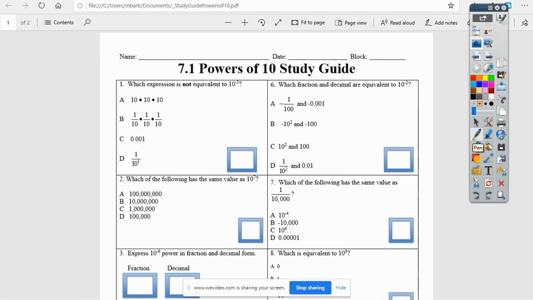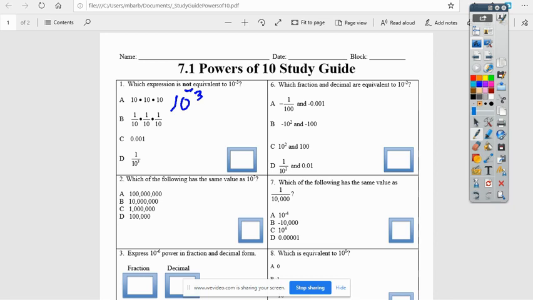Which expression is not equivalent to 10 to the negative third power? Well, we're looking for something negative, so I can already tell A is the answer because it's positive. That would be 10 to the third power. B, you can do 1 over 10 times 1 over 10 times 1 over 10.